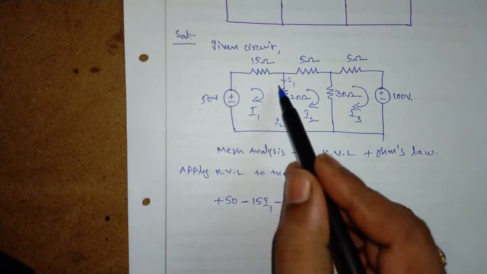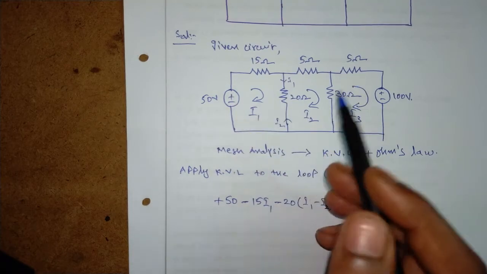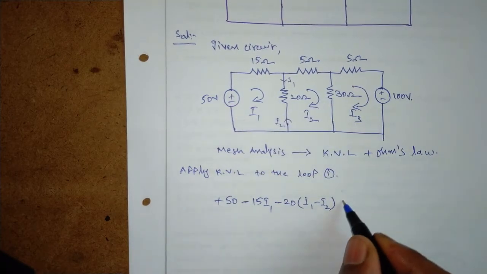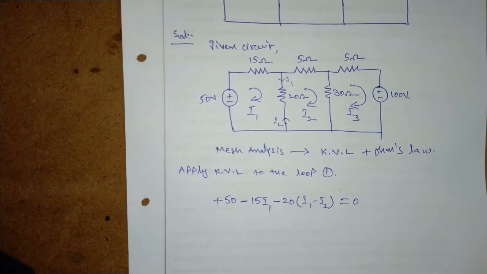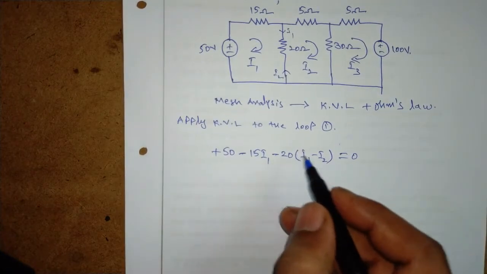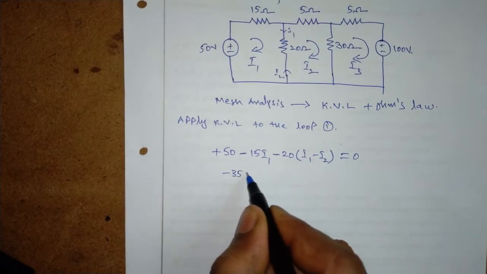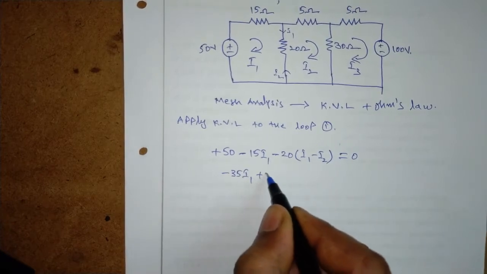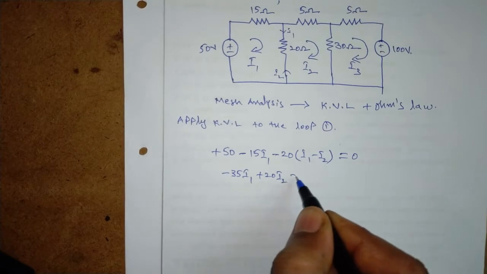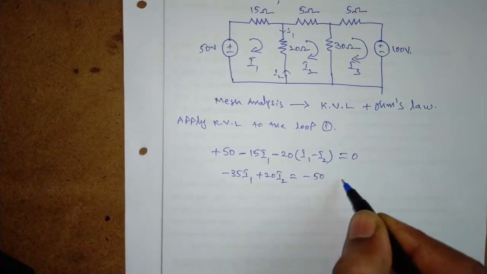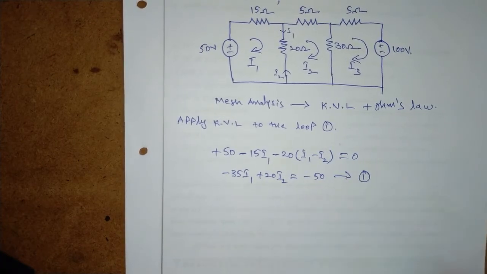Next, no other element is connected in this loop 1, so put equal to 0. By simplifying this, we get minus 35 I1 plus 20 I2 is equal to minus 50. This is expression 1.